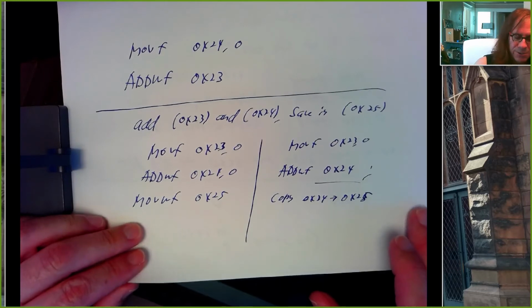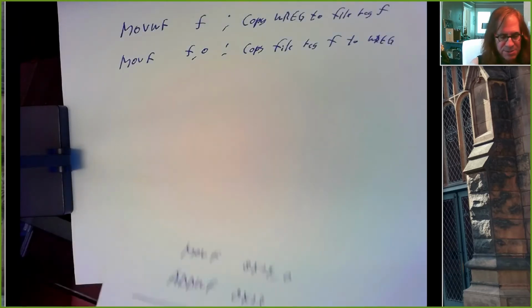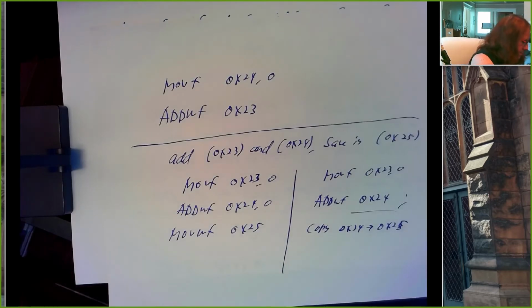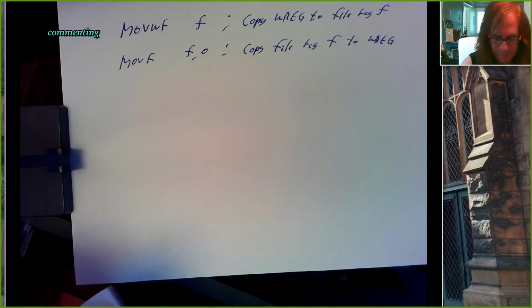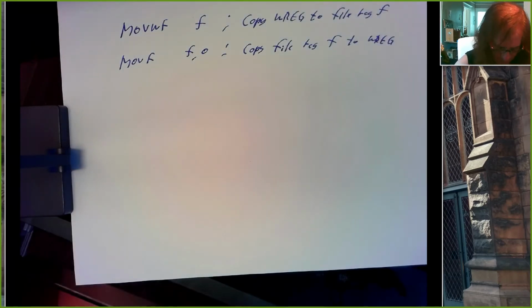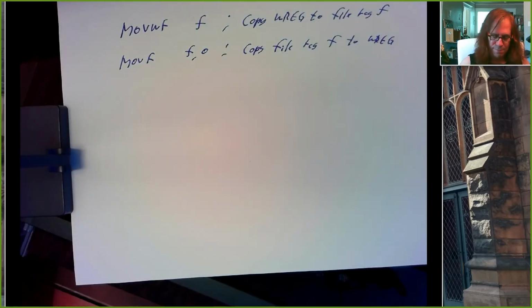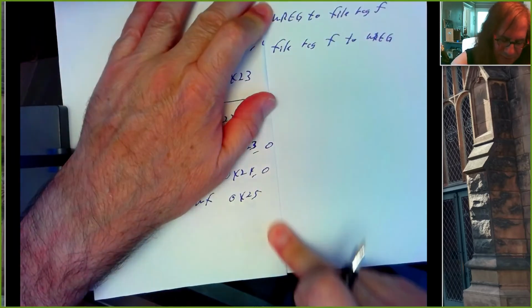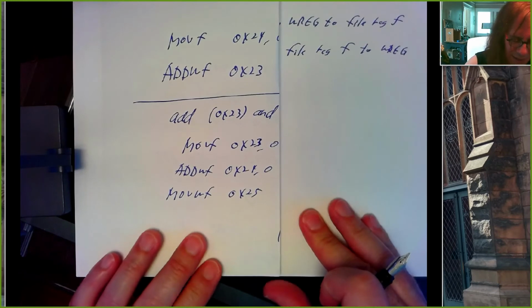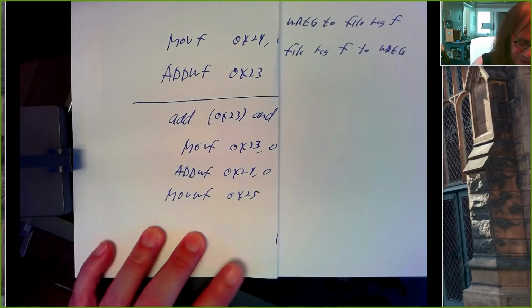All right, so commenting. Let's say you're writing assembly language code, and your goal is to add the contents of 23 and 24 together and store it in 25, right?